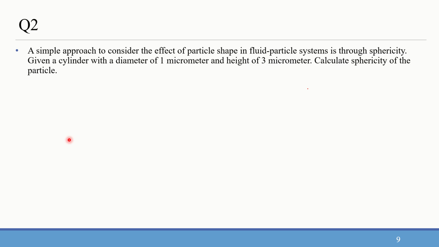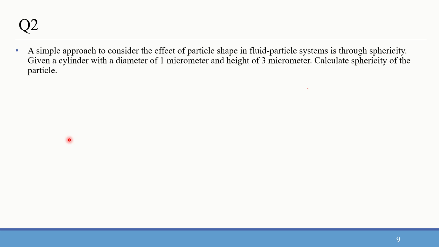Sphericity is defined as the ratio of the surface area of the sphere which has the same volume as that of the particle under consideration, to the surface area of the particle. So if you are taking different shaped particles, but every shape has the same volume, that is, we have a sphere, a cube, and a cylinder of the same volume, the one which has the least surface area would be the sphere.